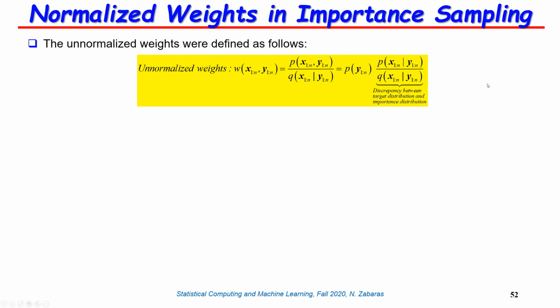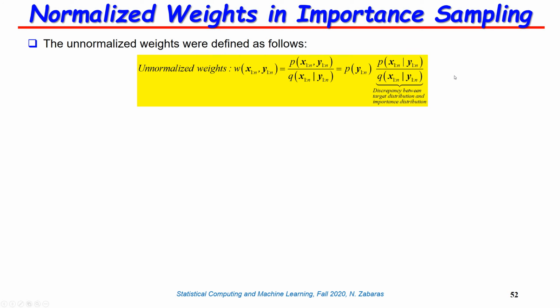So you can appreciate that the discrepancy between this posterior of x given y and my importance sampling distribution q is what leads to the approximations that we do with importance sampling. And if you want to eliminate those approximations, effectively what you need to do is take this q to be equal to the target distribution.